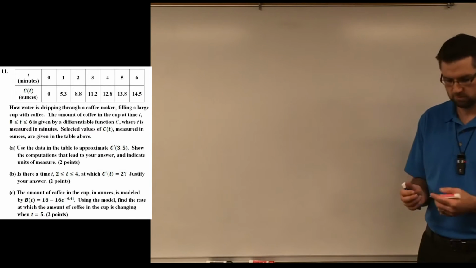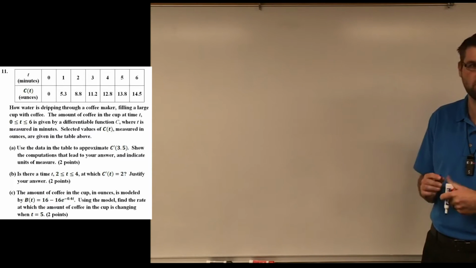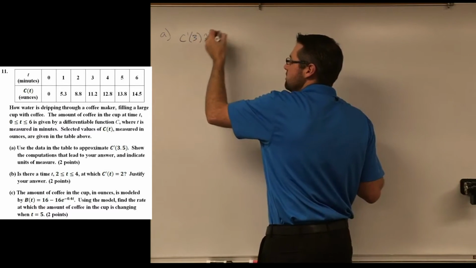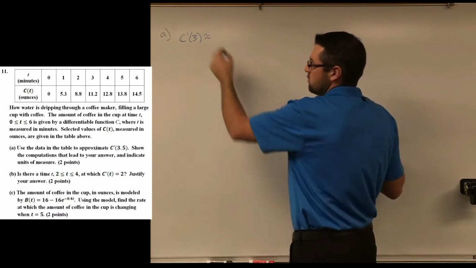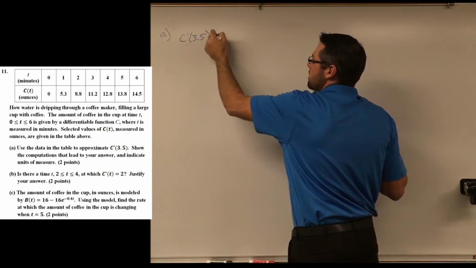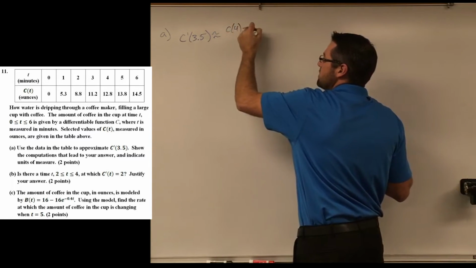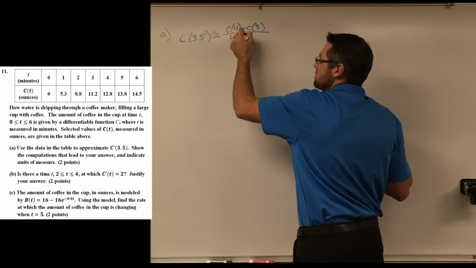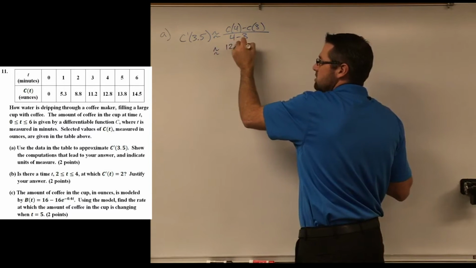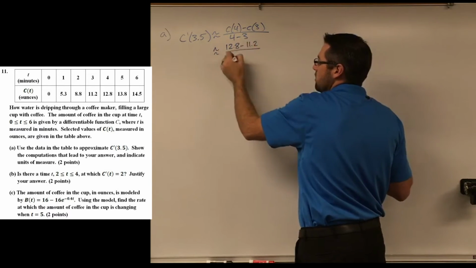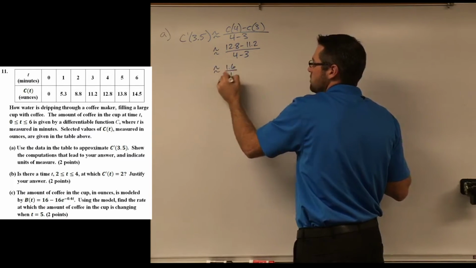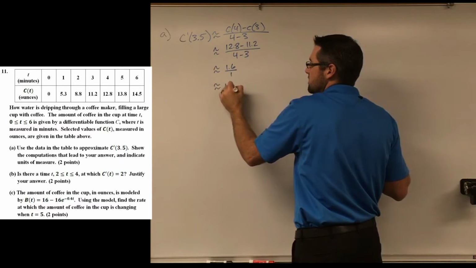What do I do? I'm trying to approximate C prime. So C prime of 3.5 is approximately C of 4 minus C of 3 over 4 minus 3, which is, what's C of 4? 12.8 minus 11.2 over 4 minus 3, so that is 1.6 over 1, so we'll say 1.6.